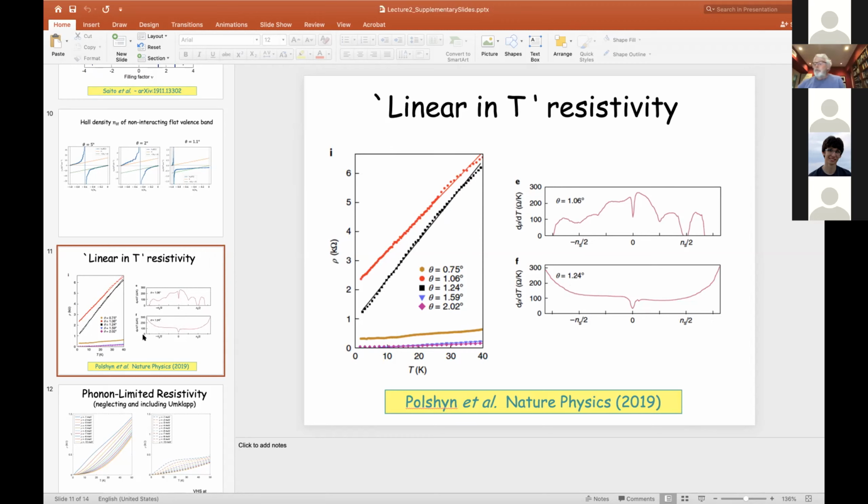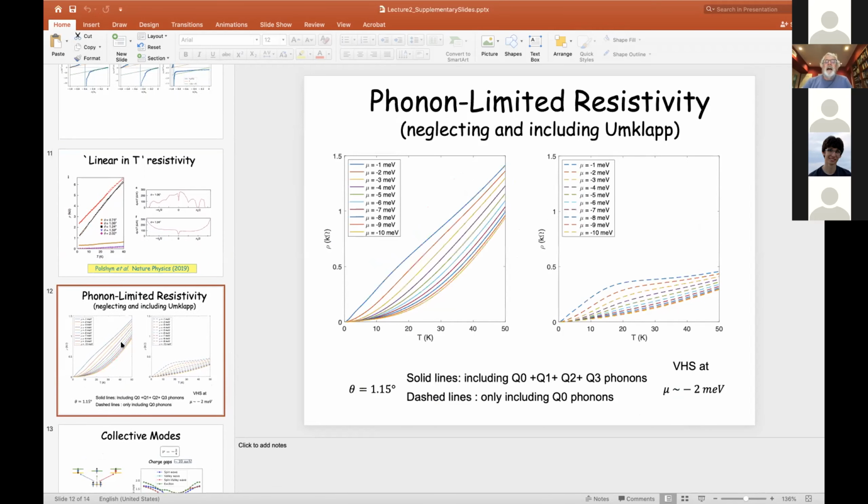And there is a possible explanation for this in terms of phonons, and that explanation does not hold up. The rationale for the linear in T resistivity from phonons, of course, is what you see in every metal above the Debye temperature.